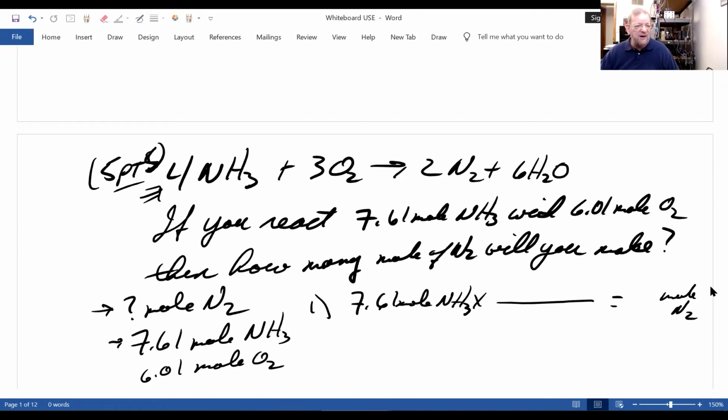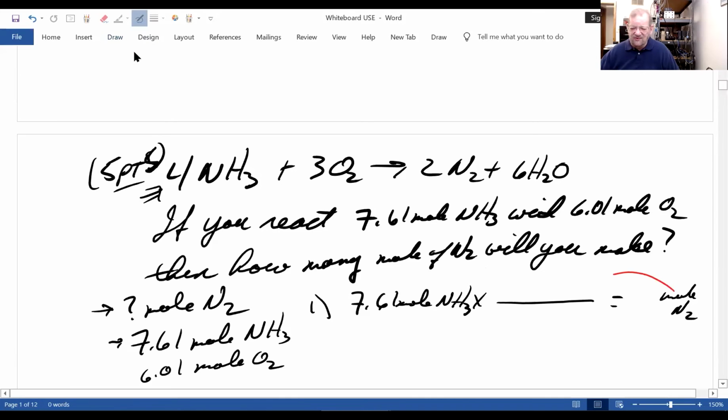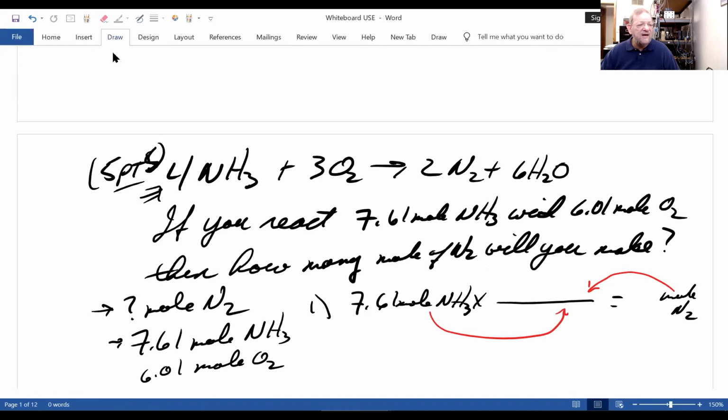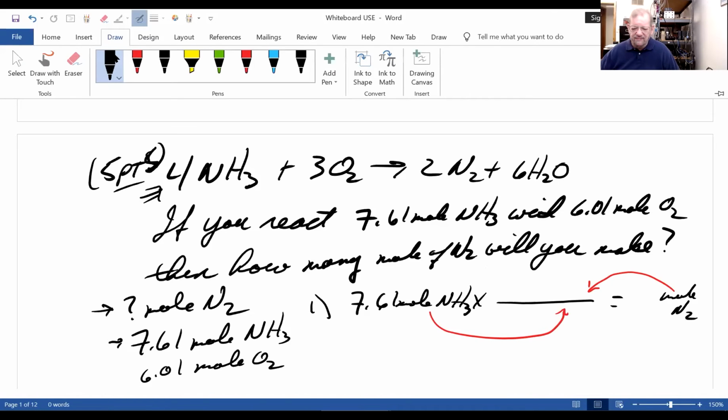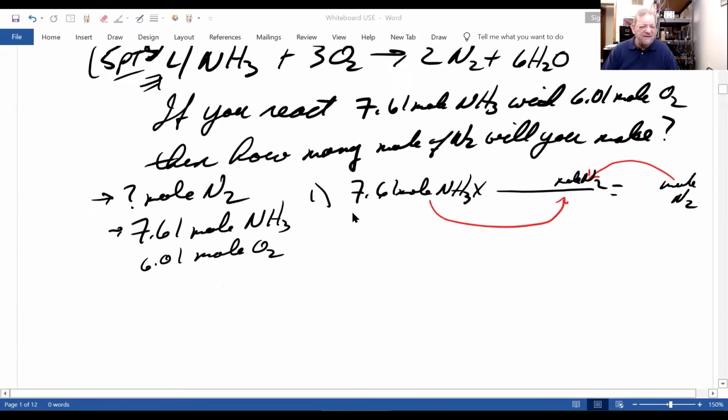I'll use my good buddy, my good friend, unit analysis. Whatever I'm trying to get to goes on top of the ratio. Whatever I'm trying to get rid of goes underneath. Let me get this back down here.